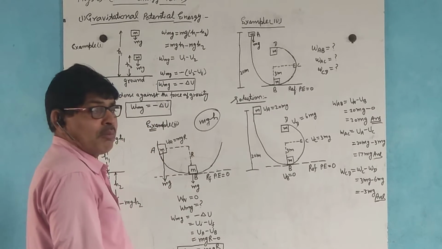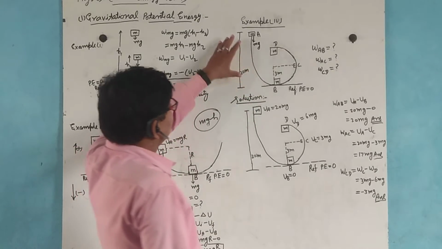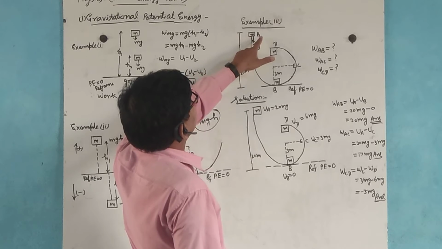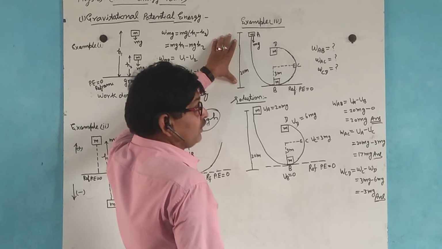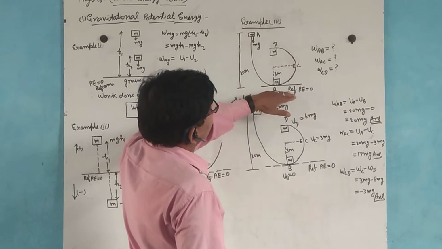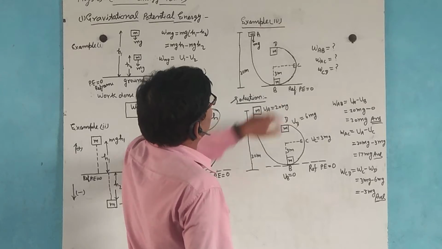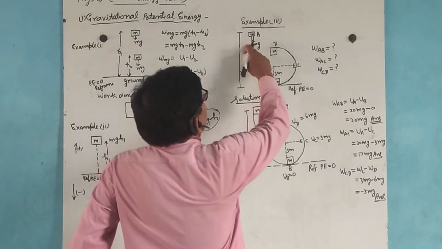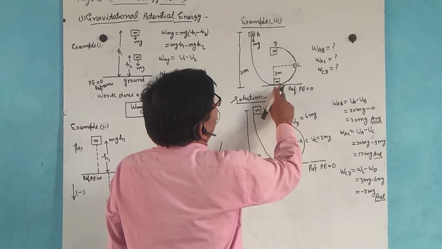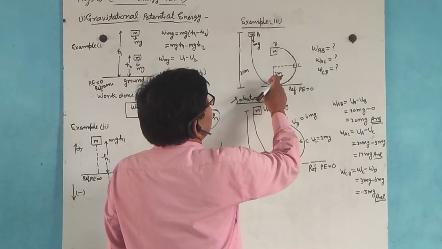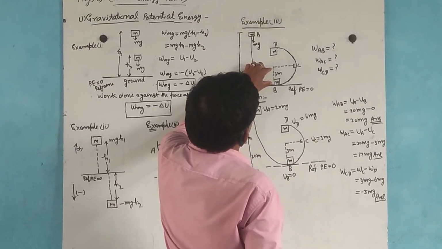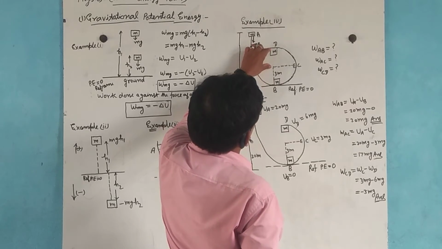Now we take another example. Here this is a block of mass m at position A, at a distance of 20 meters from the frame of reference. Here potential energy is equal to 0. Now it comes to position B on the ground level, and this path is circular, so this is 3 meters and this is also 3 meters.